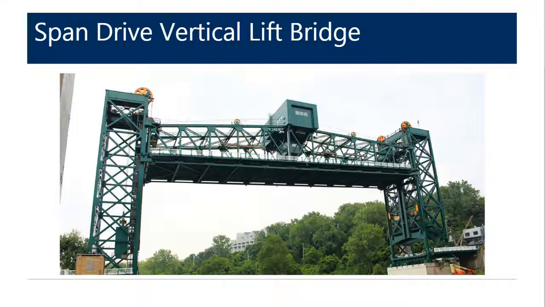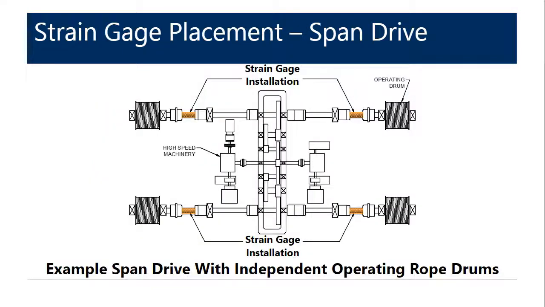The lift bridge featured here has a span drive machinery that consists of 4 independent operating rope drums. This is a representative schematic of the span drive machinery for a vertical lift bridge with 4 independent operating rope drums. As you can see, the strain gauges are installed on the shaft that drives each operating rope drum, so that you can measure the operating rope loads at each corner of the bridge.